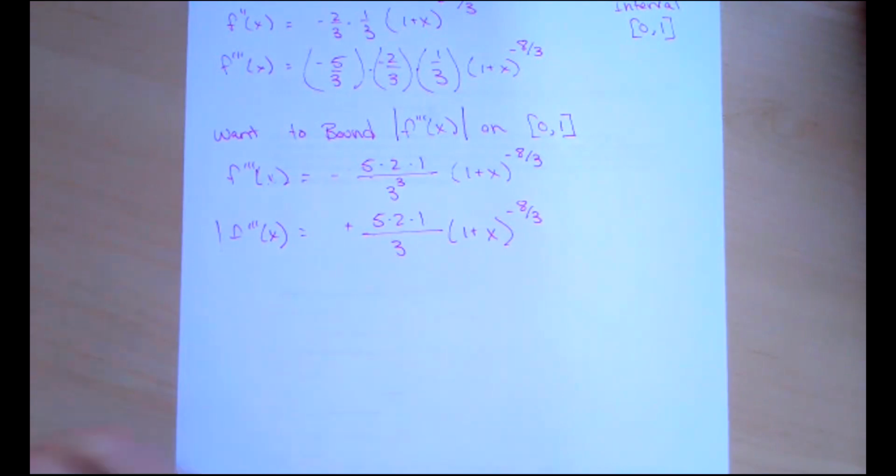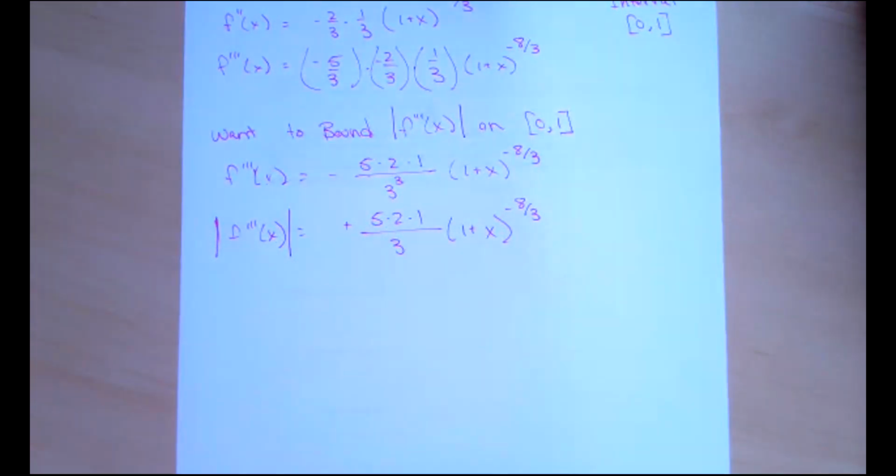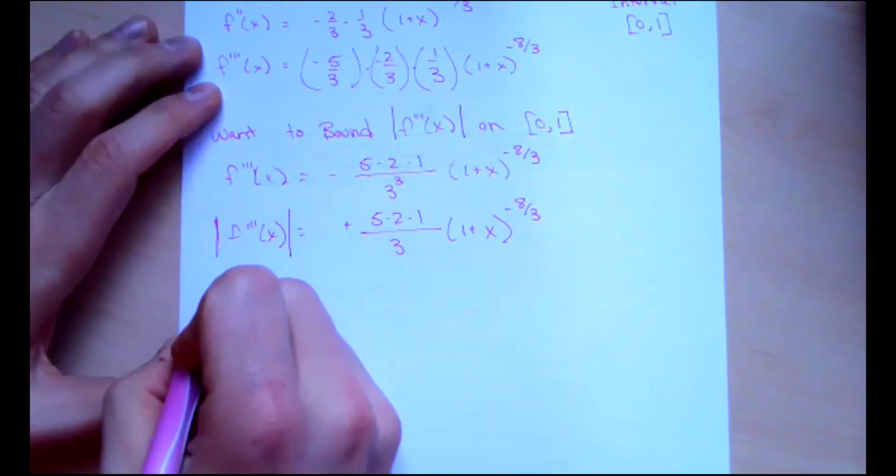And so what's going on with this function? If we want to find a bound for a function on an interval, things you want to consider are: is it increasing or decreasing? And are there any critical points?